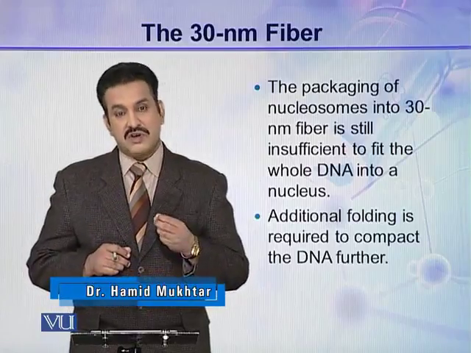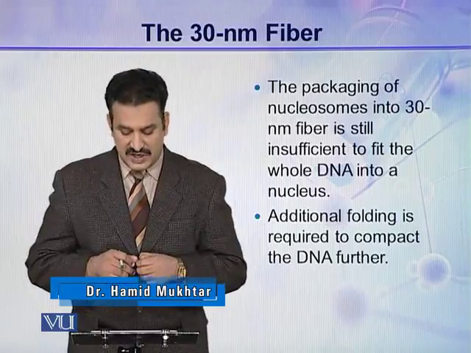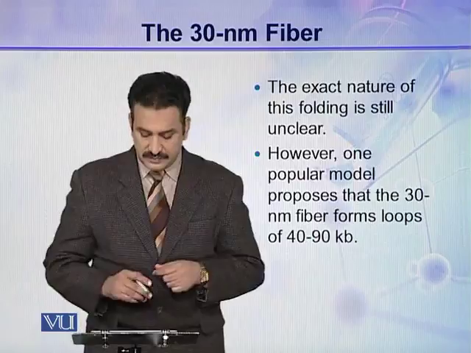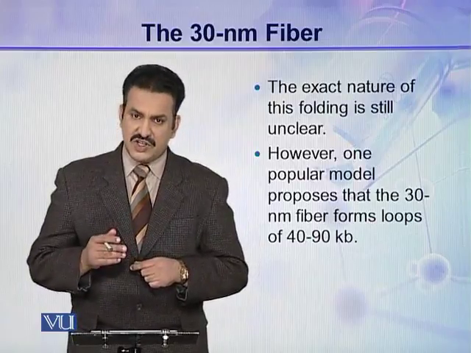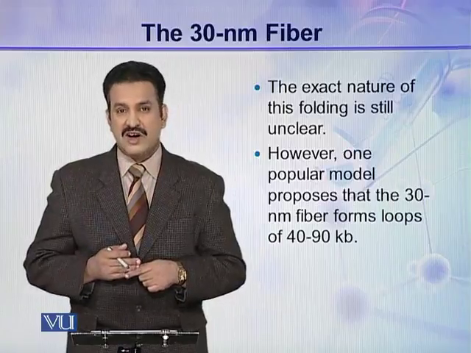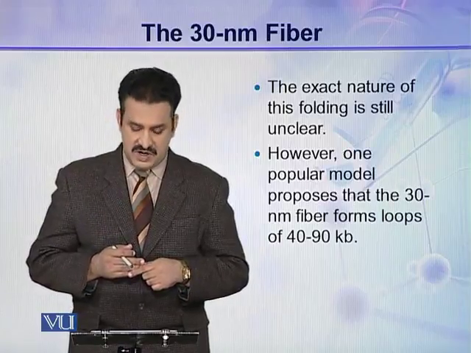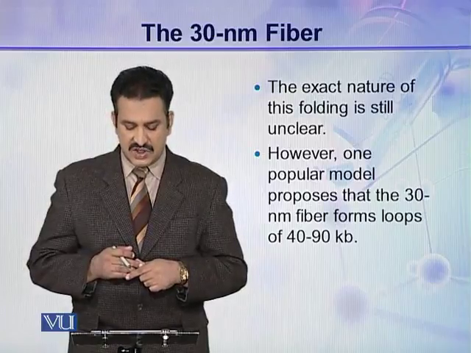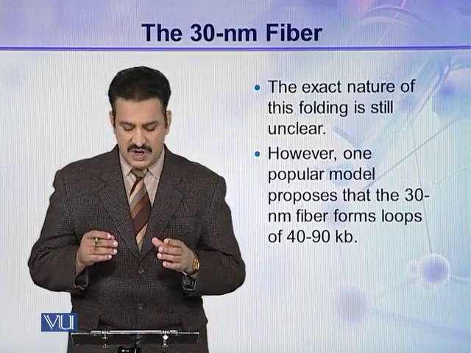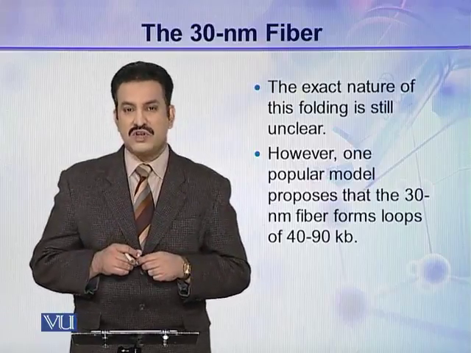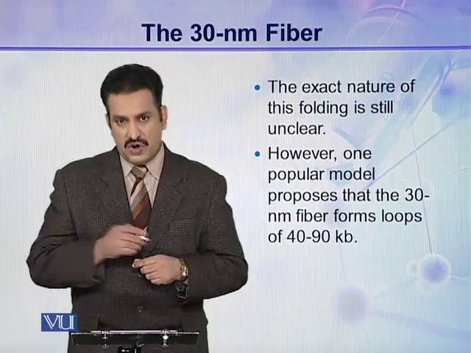So there needs to be some additional folding to compact the DNA further. The exact nature of this higher order folding is still unclear. However, some popular models propose that the 30 nanometer fiber forms loops of about 40 to 90 kb long.